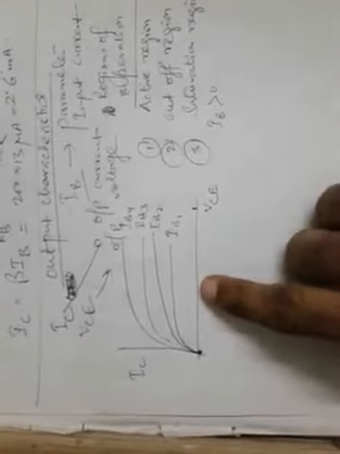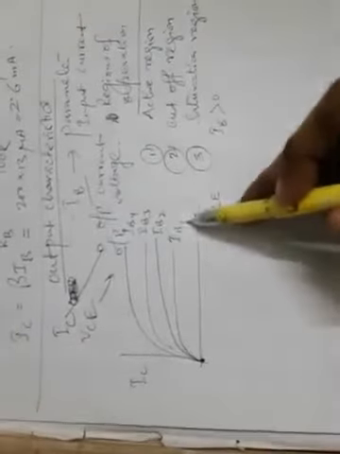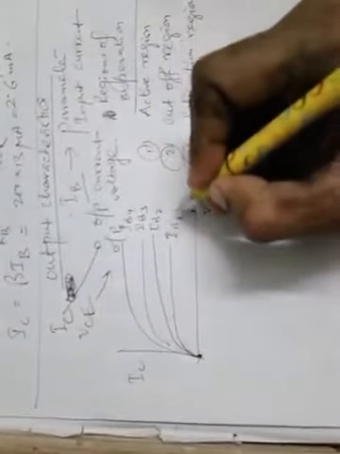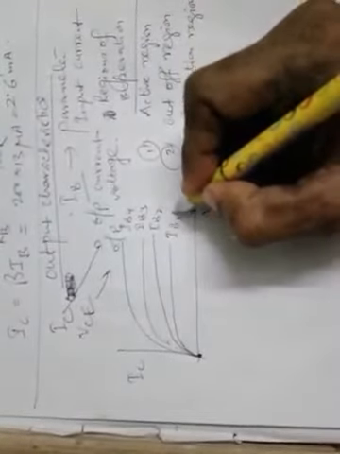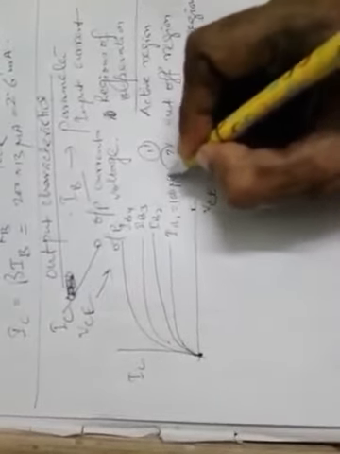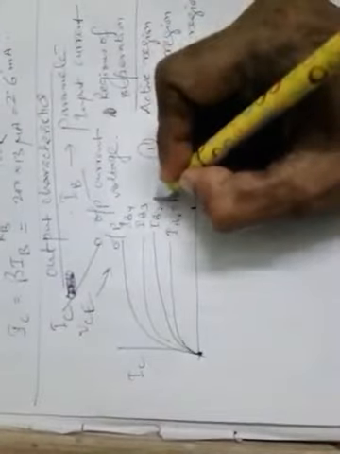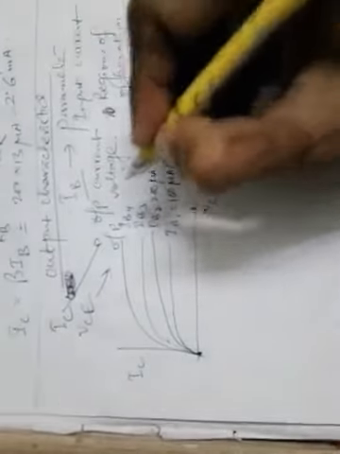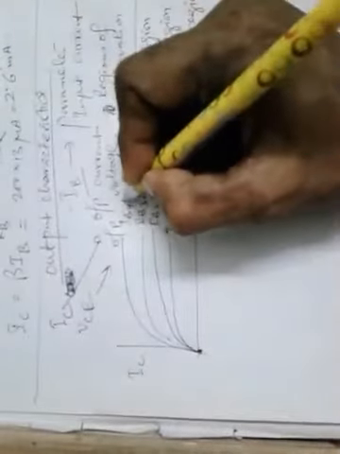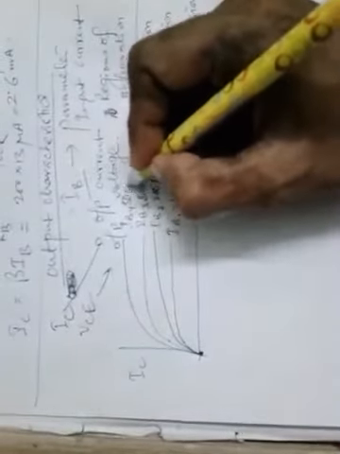So if we put some values on this IB, suppose this is 100 microampere, this is 200 microampere, this is 300 microampere, and this is 500 microampere.